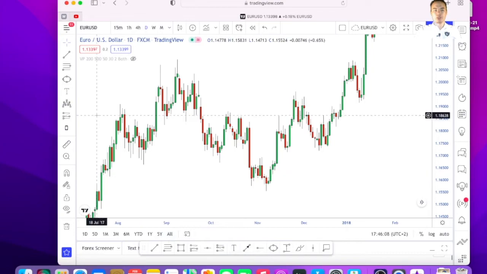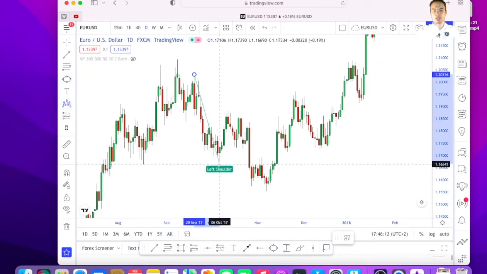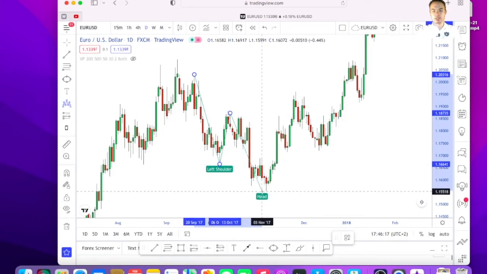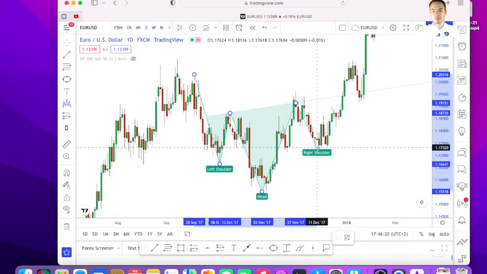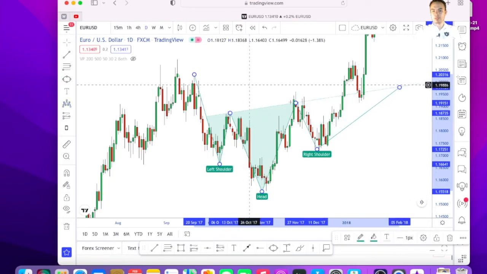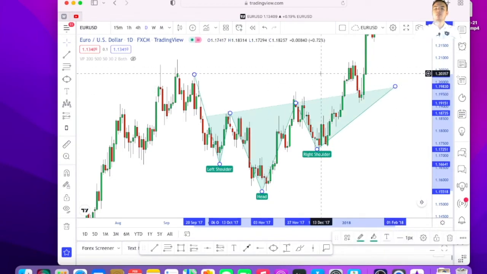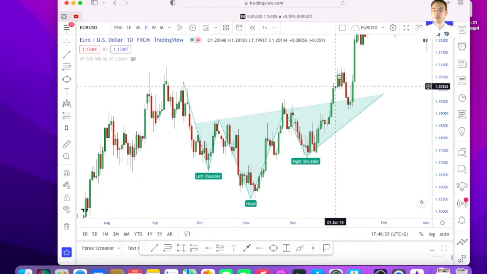Okay, here's an example. If you look over here, from this point to there: lower low, lower high, lower low, higher high, right shoulder, higher low. As you can see, break, higher high.